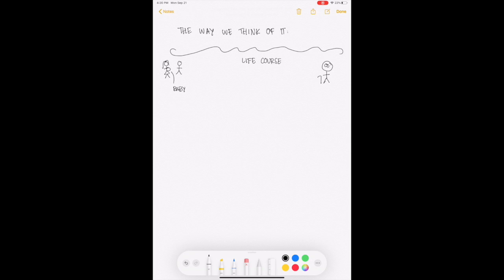And then it follows all the way until death. And rather than draw a really sad picture, we have an old papa. So the life course is taking into account all of the experiences of life, just through these phases.